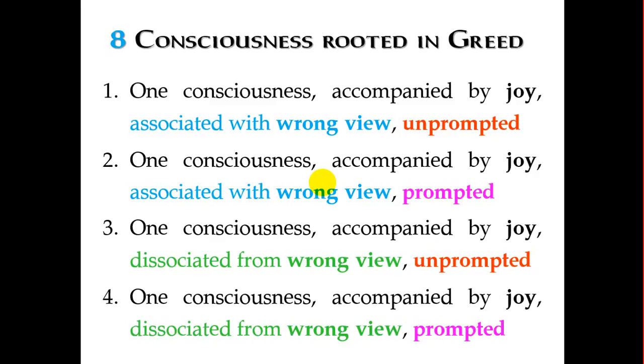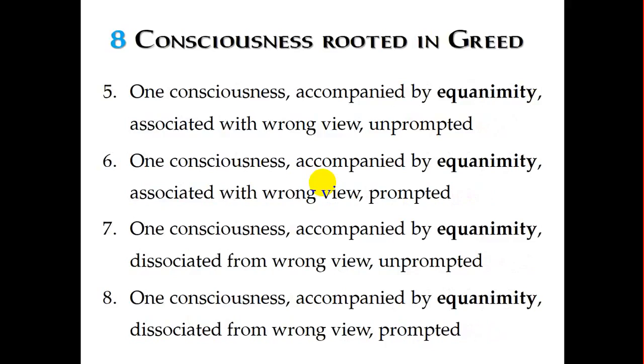When we talk about the second unprompted citta, number 3, instead of wrong view, we exclude conceit. The number is the same, 90, right? Then for the third unprompted citta, we have to exclude joy, since it is associated with equanimity. So 80. And number 7, the fourth unprompted citta, also excludes joy, altogether 80.